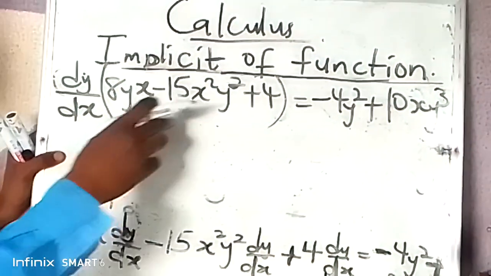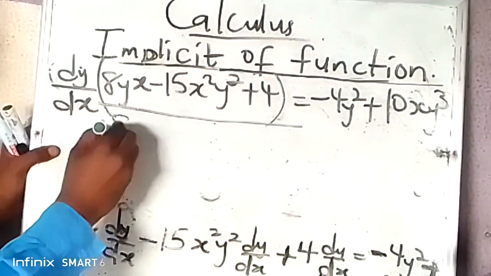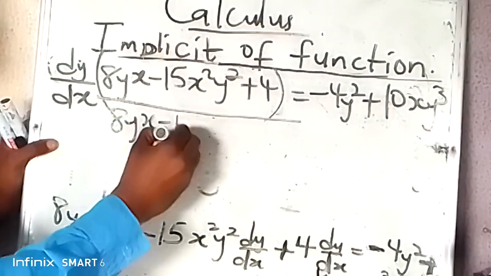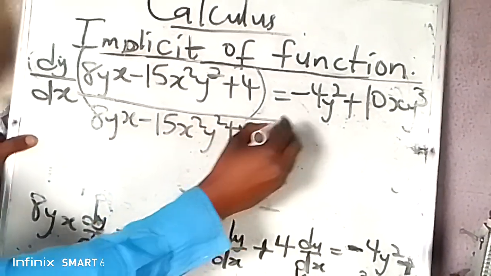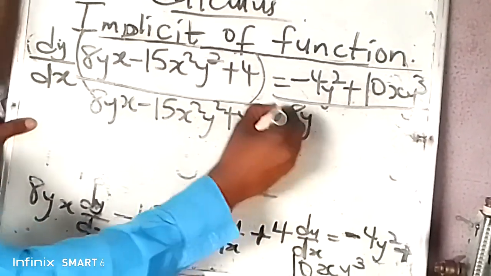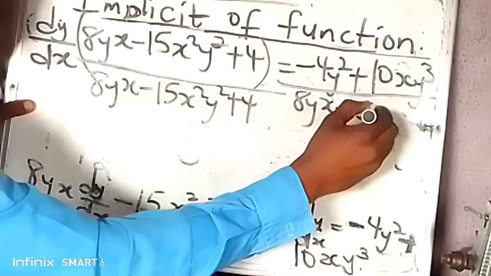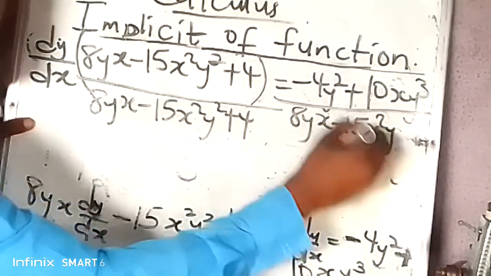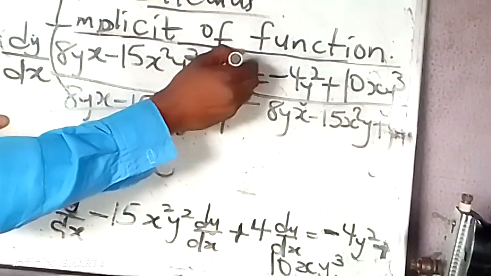So I'm going to divide both sides by this because I'm looking for the dy/dx. All over 8yx minus 15x squared y squared plus 4, all over 8yx minus 15x squared y plus 4. This we cancel this.